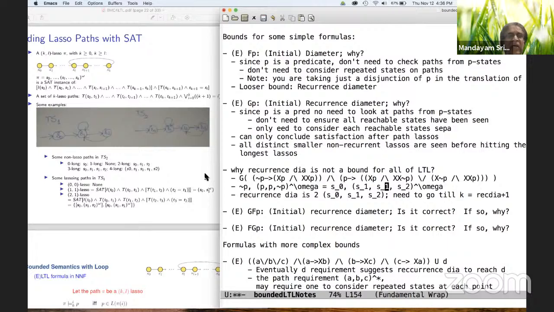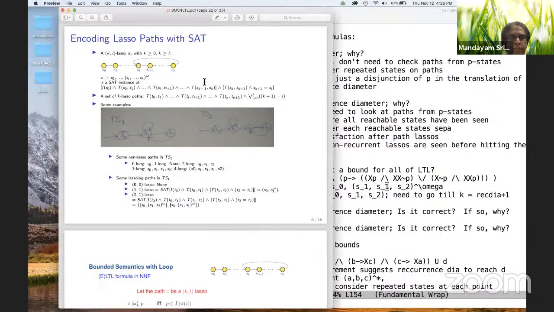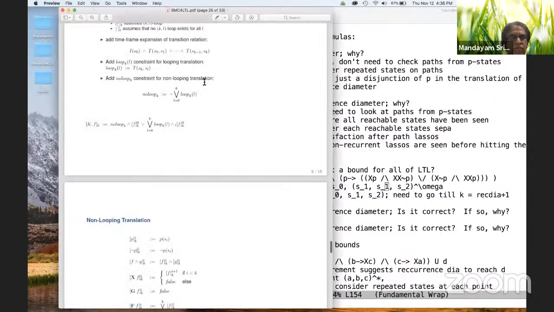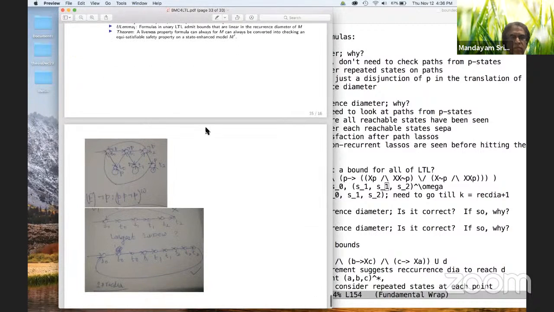But in general, that is not even true. I'll show another example, here. I'll make it bigger.